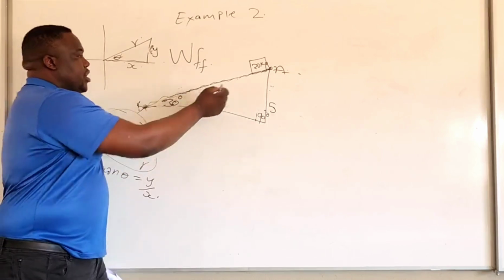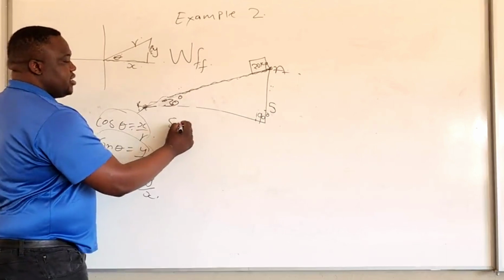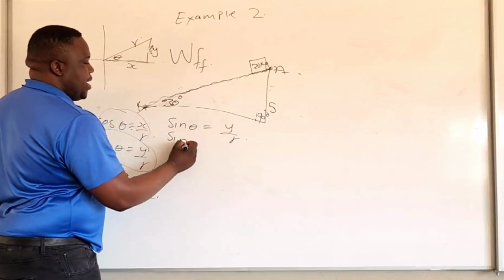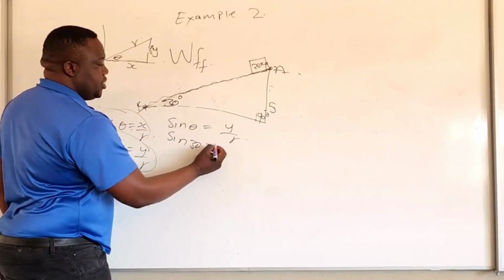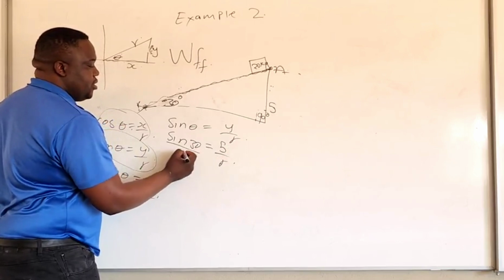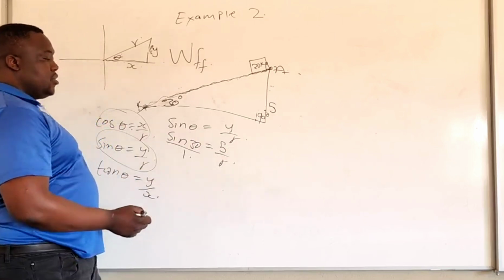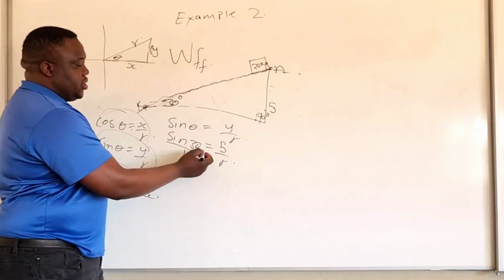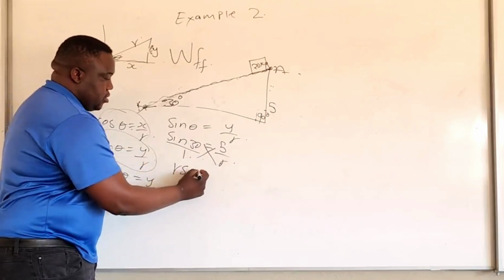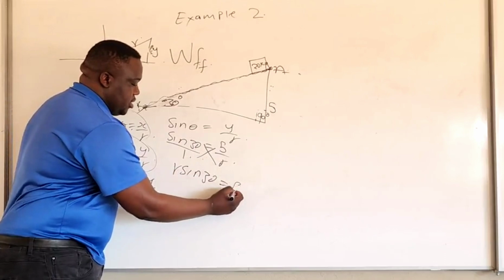Meaning that if we want to get this distance, we can say that sine theta is equal to y over r, whereby our theta is 30. What is y? y is 5, then we have r. Then we want to solve for r, we can divide by 1. Dividing by 1 is the same as doing nothing. What we are doing here is maths.